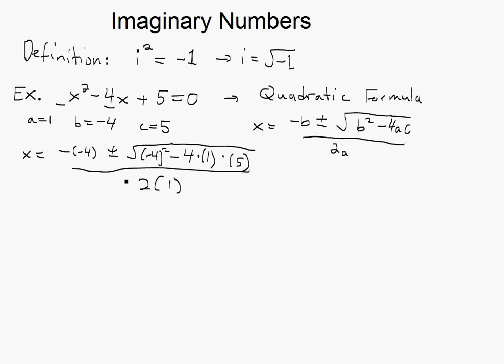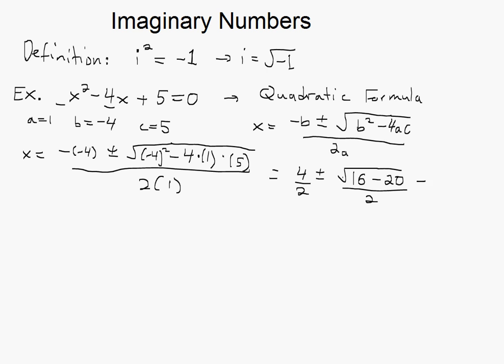If we simplify this, it becomes 4 divided by 2 plus or minus the square root of 16, since -4 squared is always positive, minus 20, all divided by 2.